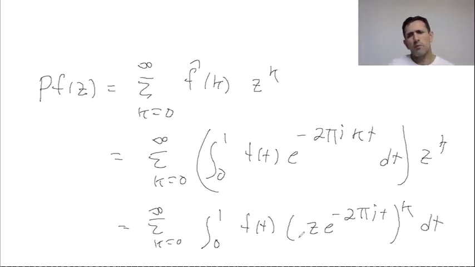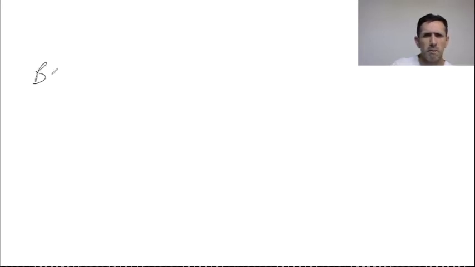Now, if we can get a bound independent of k, we can use the dominated convergence theorem and interchange the sum and the integral. So in particular, let's just get an estimate for the L1 norm of this integrand here.